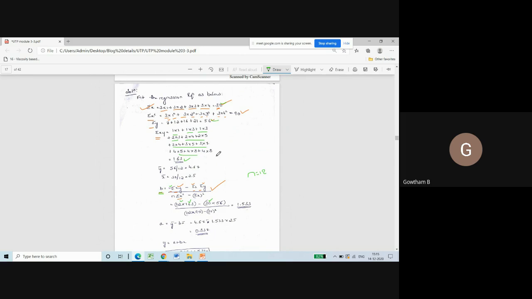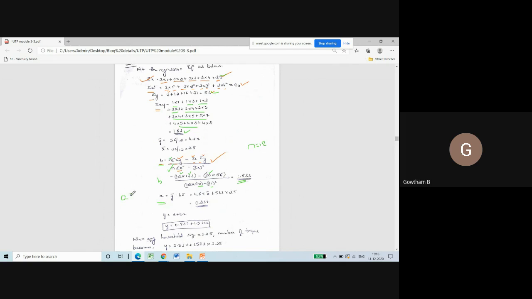I substituted in the numerator, divided by N, the total number of observations, 12, multiplied by summation of x square equal to 90. Summation of x whole square means 30 square. Therefore, we obtained the b value as 1.533.